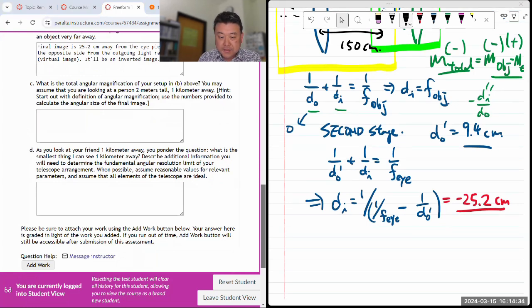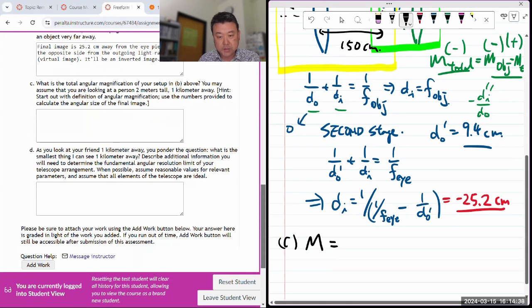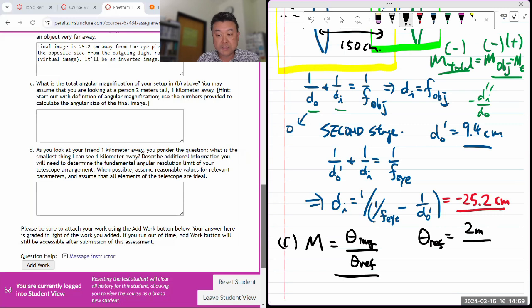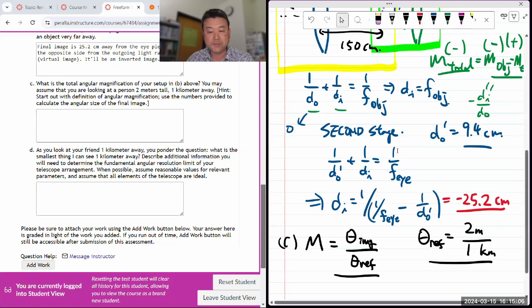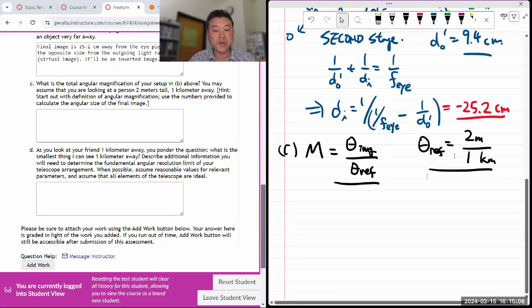It says start with the definition of angular magnification, which is going to be theta of the final image divided by theta reference. And here, because it's a telescope, theta reference will be basically given by 2 meters tall divided by the distance 1 kilometer away. That gives you the angular size of things at small angles. I don't have to bother with the arcsine or arctangent when it's a small angle.